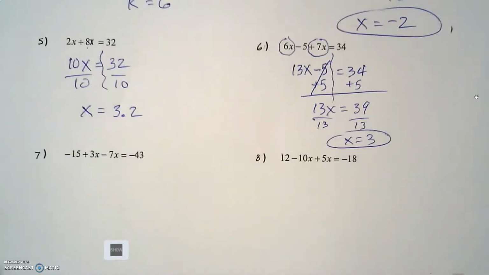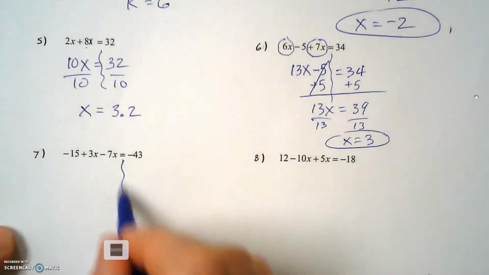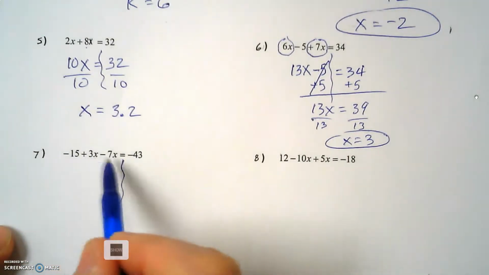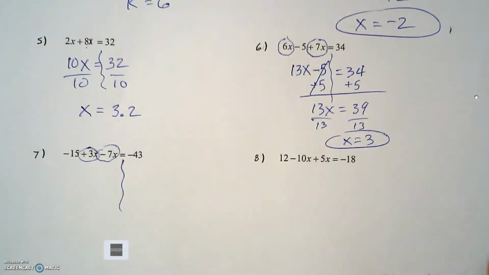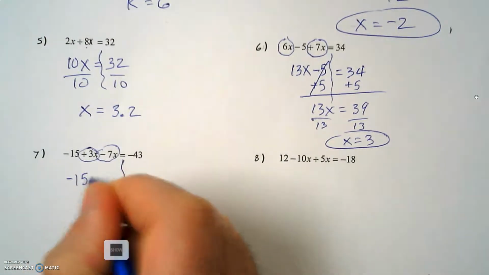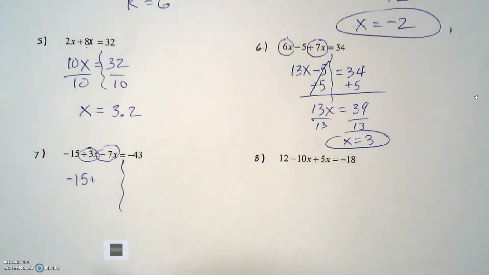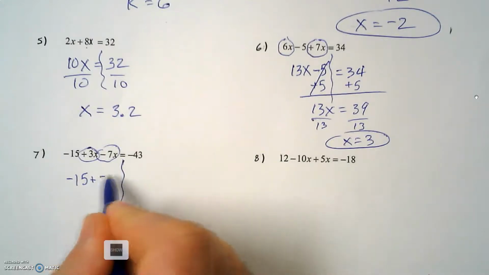Okay, try these two. I don't think there are any issues with these, hopefully. We'll find out, right? Okay, maybe you paused and tried. Well, here we go. Look on the left, we have a number, an x and an x. I'm going to add my two x terms. Negative 15 plus, oh, that's negative 4x.